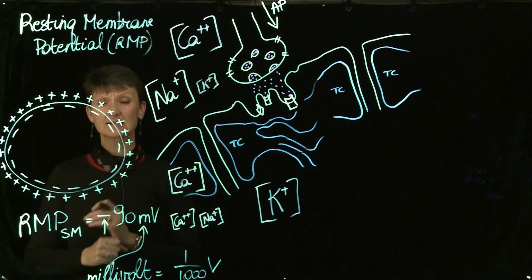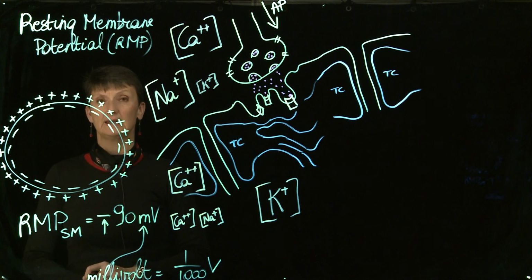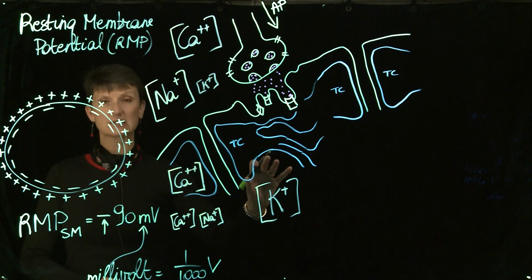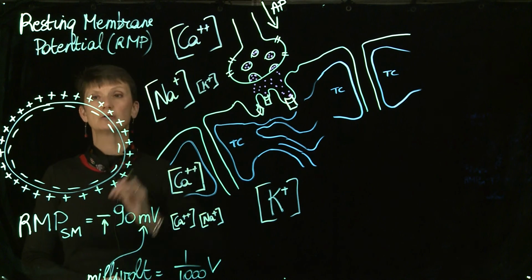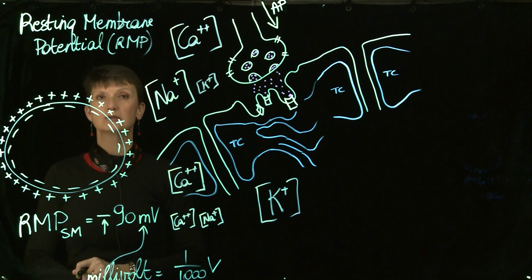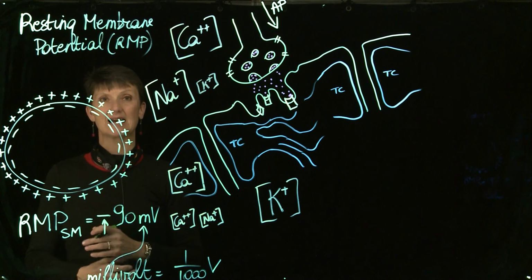And this can only happen in excitable cells. That includes any muscle cell, skeletal, cardiac, or smooth, and any nerve cell. Those are the only two cell types that can become stimulated. Or another way of saying it is excited.